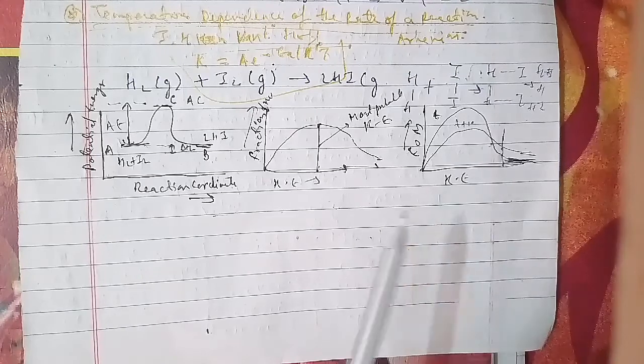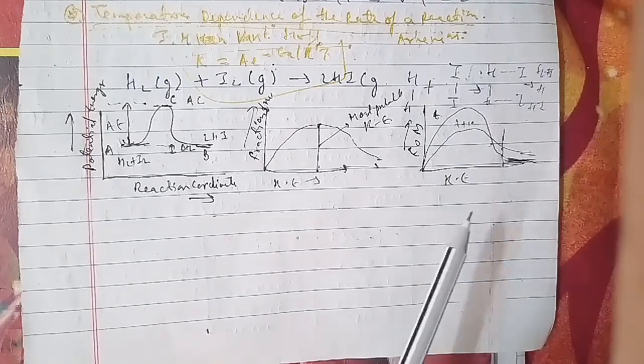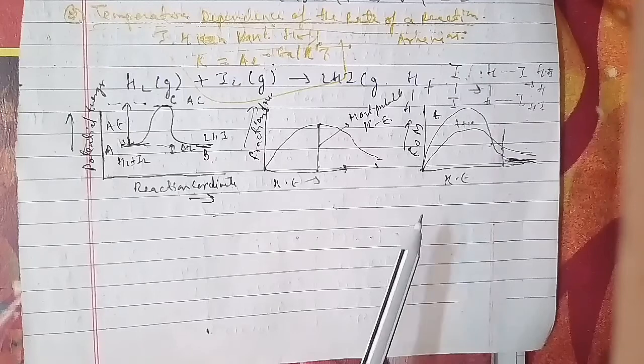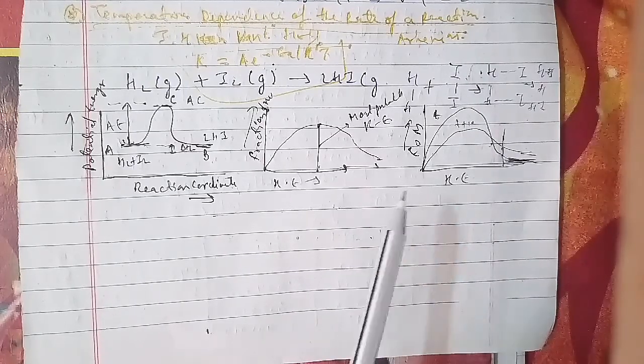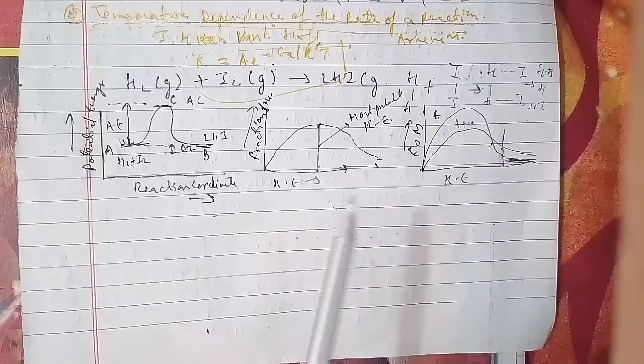Thus, it has been found from the Arrhenius equation that increasing the temperature or decreasing the activation energy will result in an increase in the rate of the reaction and an exponential increase in the rate constant as well.